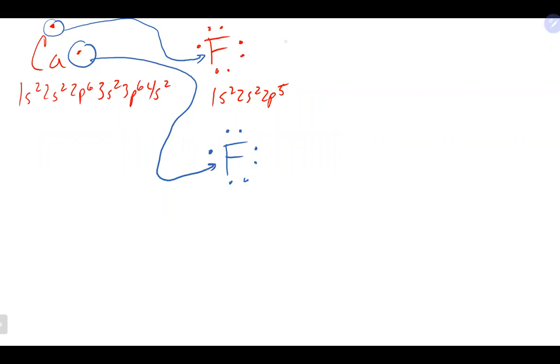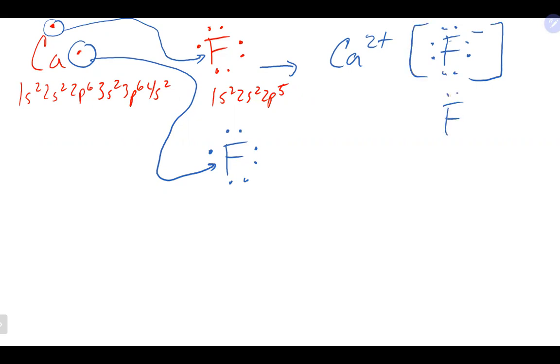The result of this is the same for the calcium. The calcium will now end up with a +2 charge because it was able to lose 1 electron to each of the fluorines. Each of the fluorines picked up just 1 electron, which means it has a -1 charge, and we would have a second fluorine that has a -1 charge.